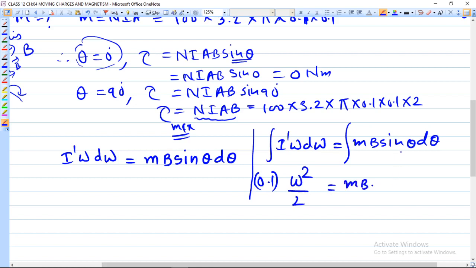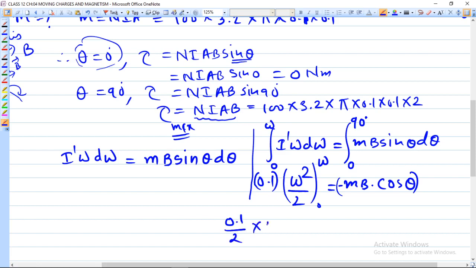What is the integration of sin theta? Cos theta or minus cos theta? Minus cos theta. Now let me write the limits. When theta is 0, omega is also 0. And when theta is 90, omega is omega, because I don't know what omega is, that's why I have written omega.